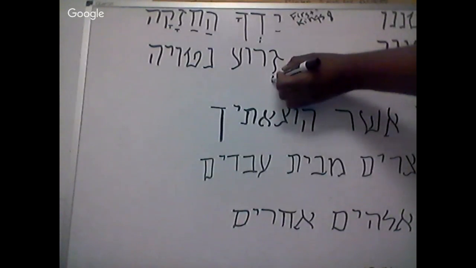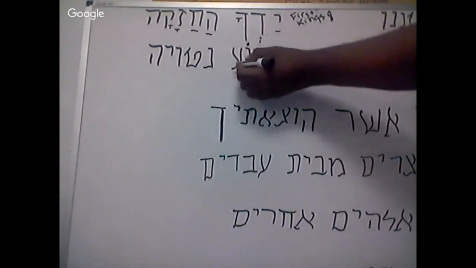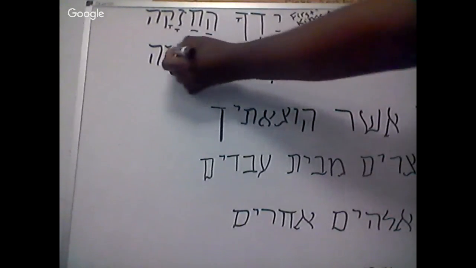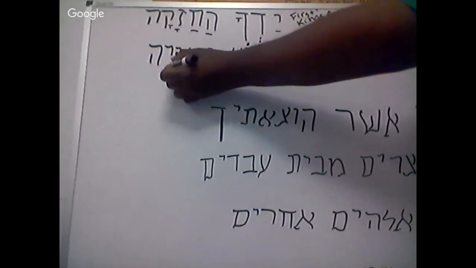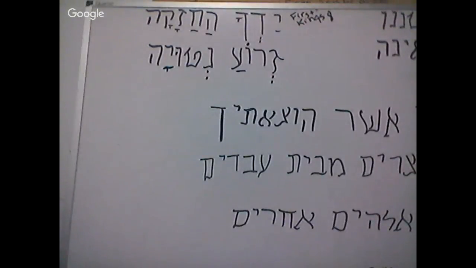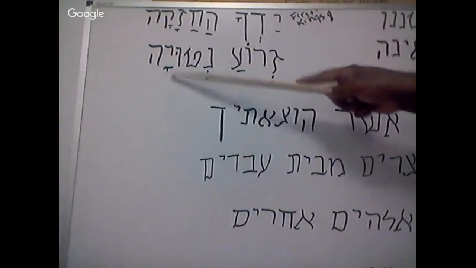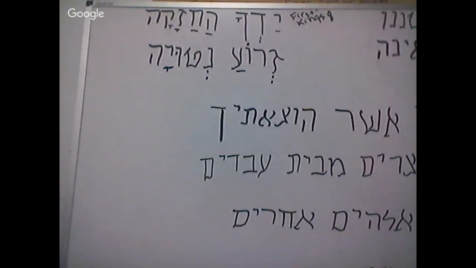We have here what? Zeroa Netuyah. Now, one of the things to first point out, as you see, you have the kamatz with the hey. So that's automatically over 90% of the time, as already stated, feminine. All right, so Zeroa Netuyah. Now, what does the word Zeroa mean?